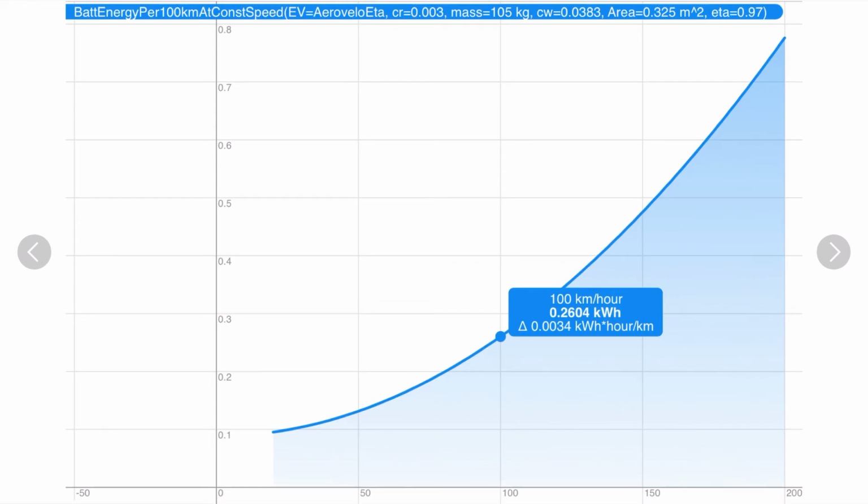We don't have a battery, we don't have an electric motor in between. From that point of view, this efficiency factor is realistic. And as you can really see, 260 watts only is needed if you want to drive 100 kilometers per hour.